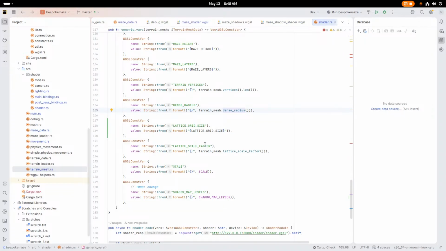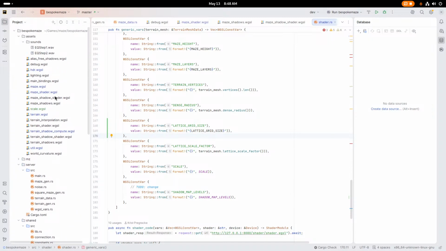Oh, I already have lattice scale factor. Oh my gosh. Okay. Wait, did I try doing this at some point? Man, working on this code is like House of Leaves. Like, I don't remember building this. I don't remember building this non-Euclidean room.